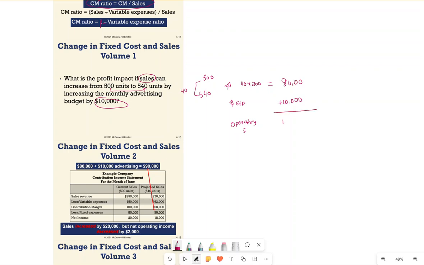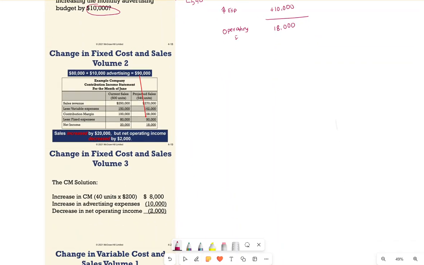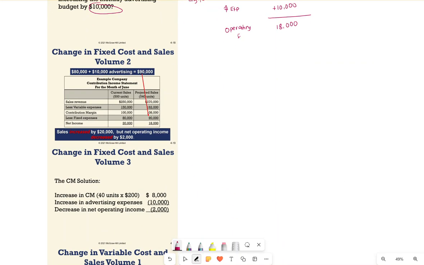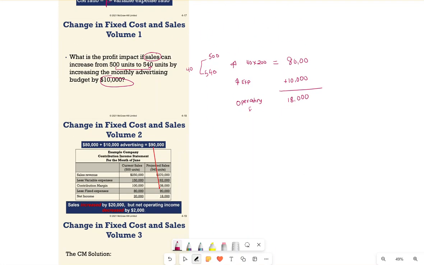So the overall change on your operating income will be 8,000. Sorry, if it's an increase in expenses, it will reduce my operating income. It will not increase it. It will reduce it because your expenses went up.